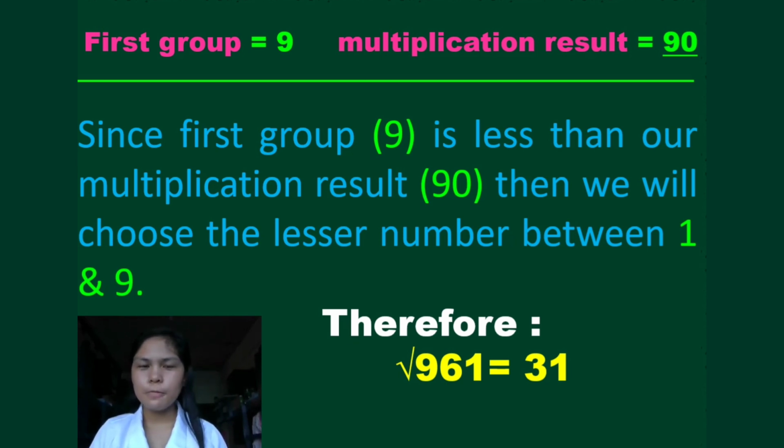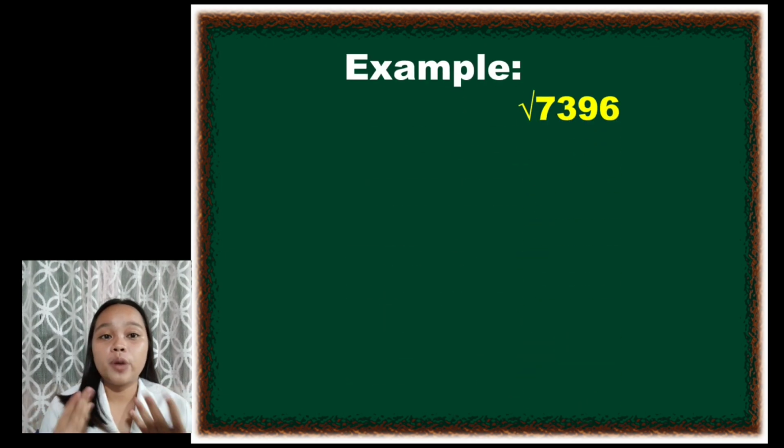I will give it to Reniza for some examples of 4-digit numbers. How about if we solve a perfect square number that is a 4-digit number? For example, what is the square root of 7,396? We can solve it using the same steps.